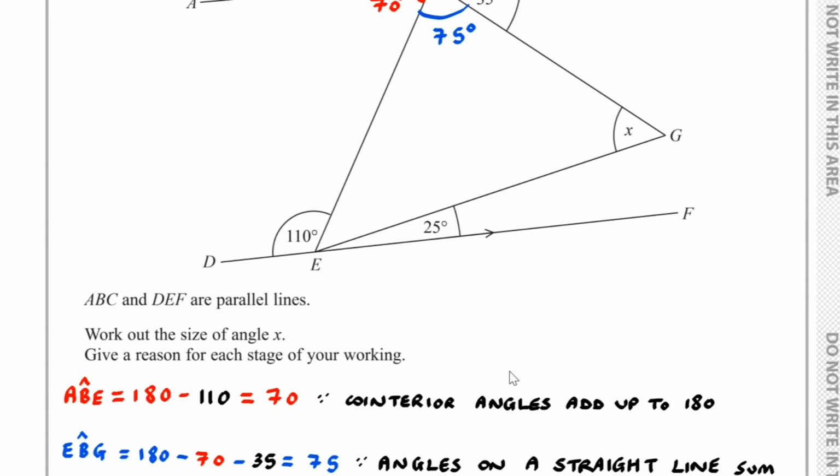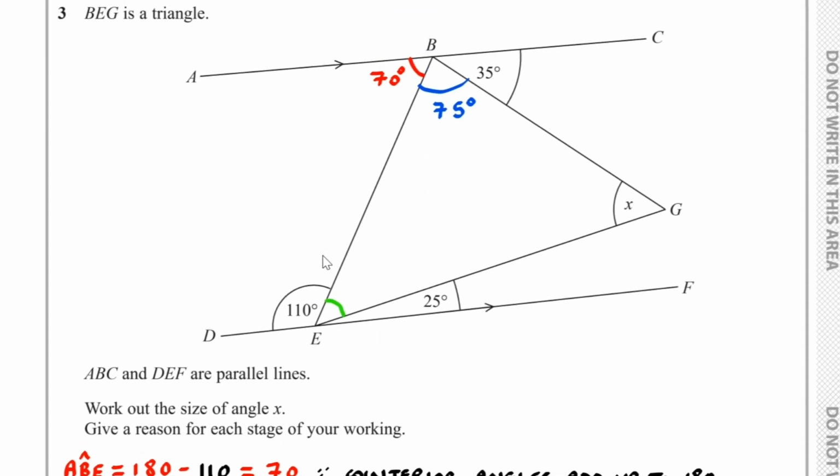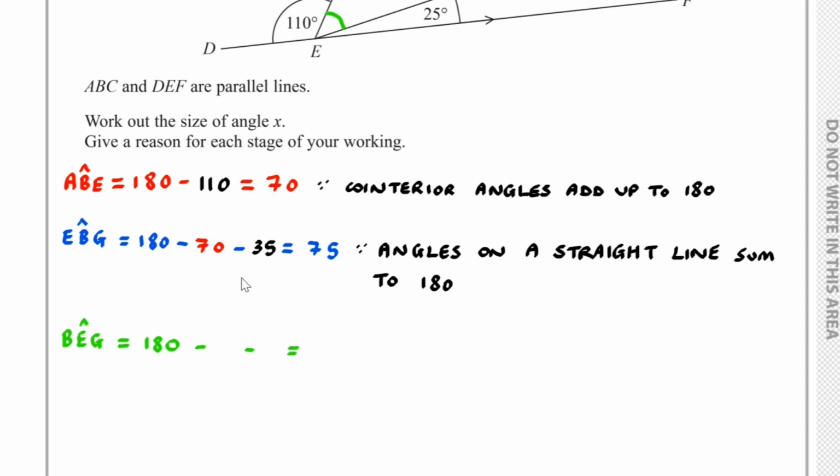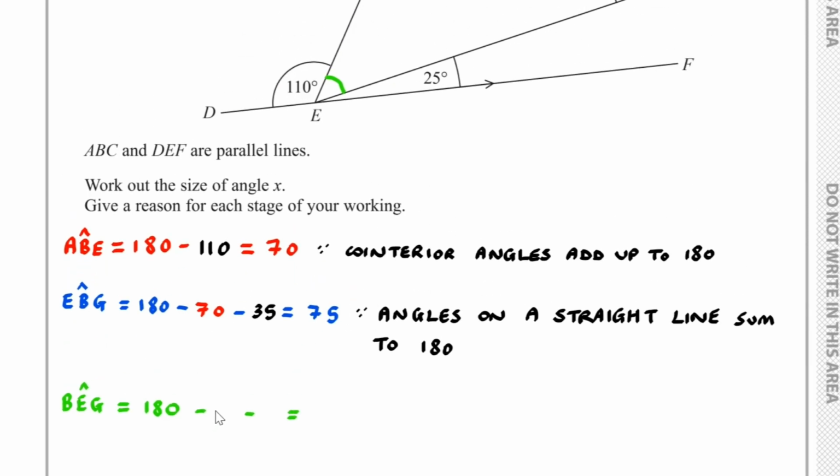And we can also do a similar thing here. We can find out what this angle is, the angle BEG. The angle BEG, that's equal to 180 subtract the 110 subtract the 25, and it turns out BEG is equal to 45.